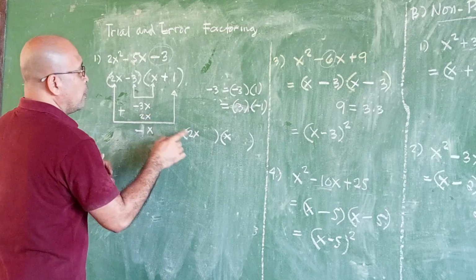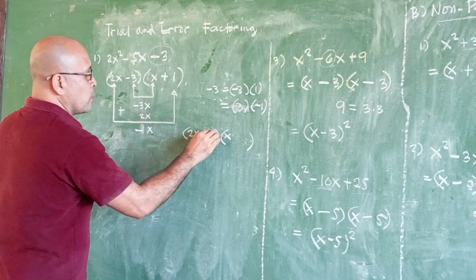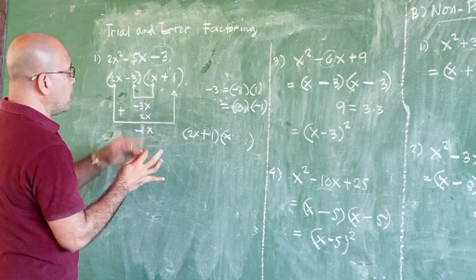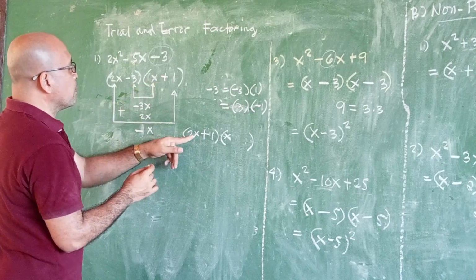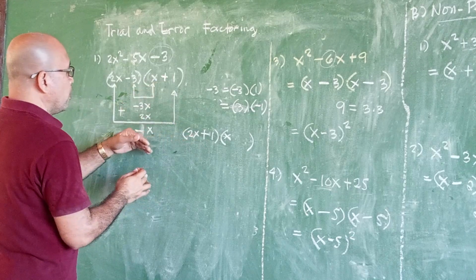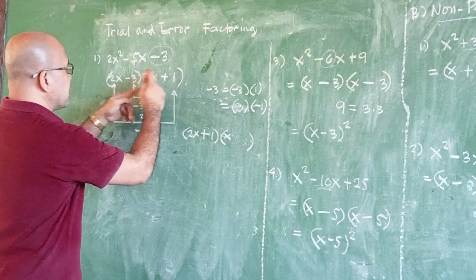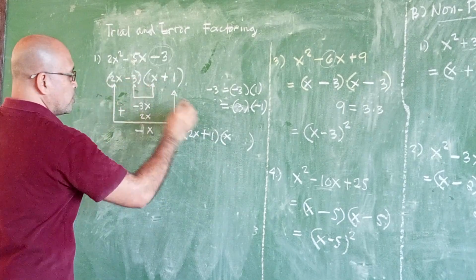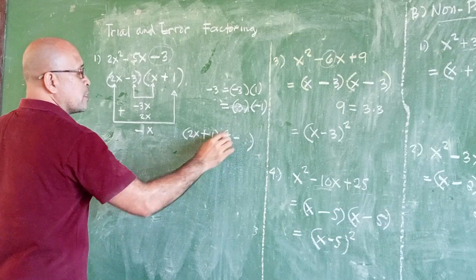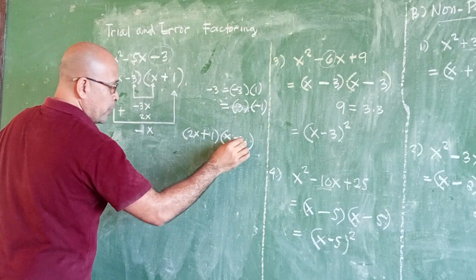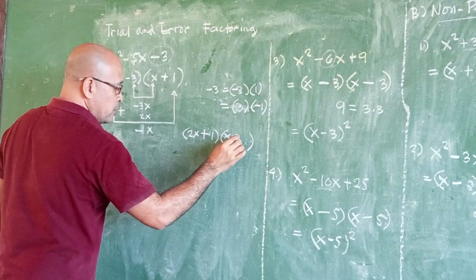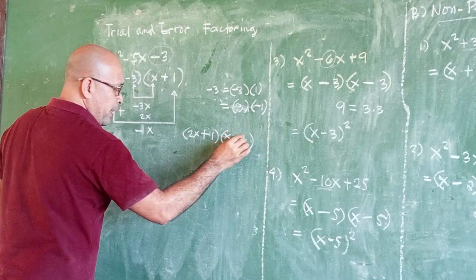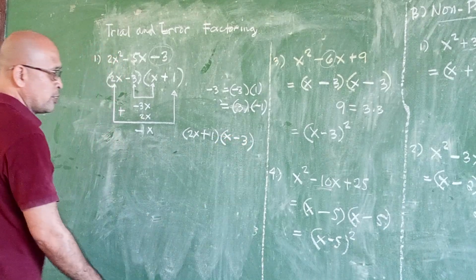You are done with x plus 1, so this time try 2x plus 1. And this time you are switching the last term, and you use negative 3, or minus 3, as the last term of the second binomial, which becomes x minus 3.